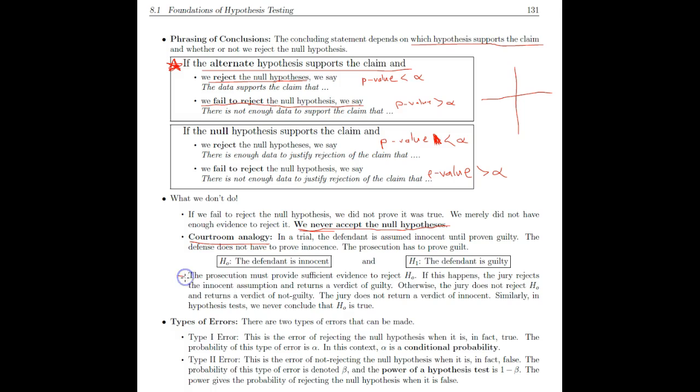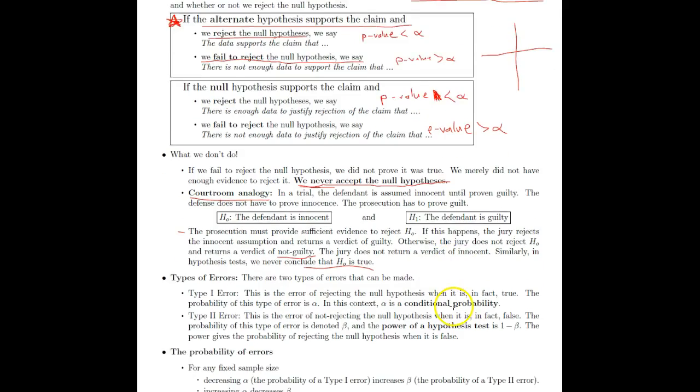What has to happen here is the prosecution must provide sufficient evidence to reject the null hypothesis. If this happens, the jury rejects and returns guilty, and otherwise the jury does not reject and returns a verdict of not guilty, right? Not true, just not guilty. The jury does not return a verdict of innocent. So we never conclude that the null hypothesis is true.